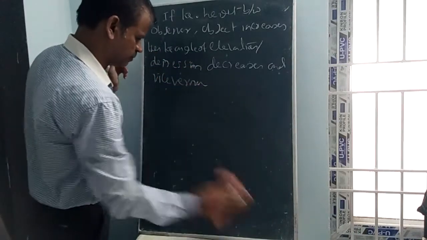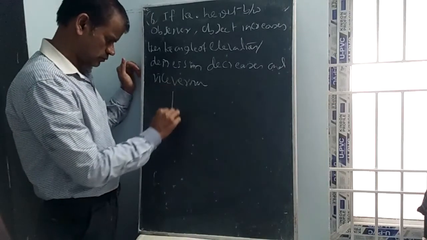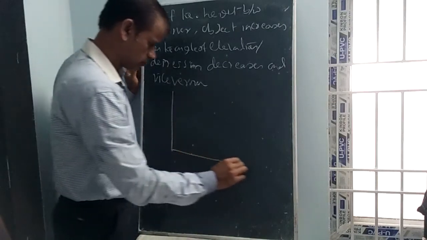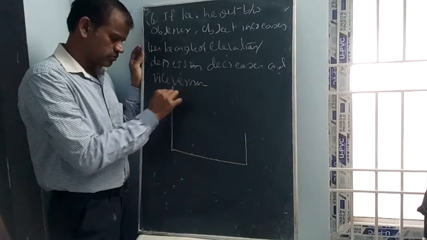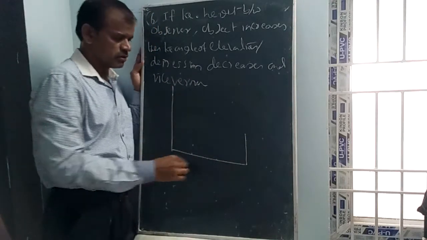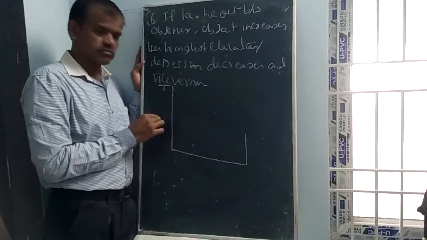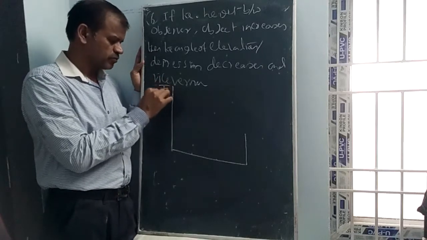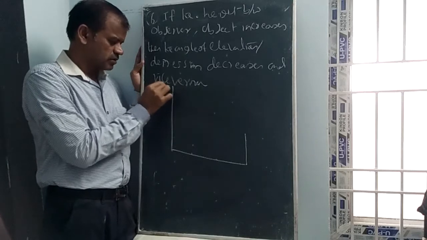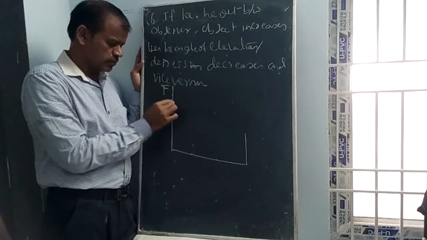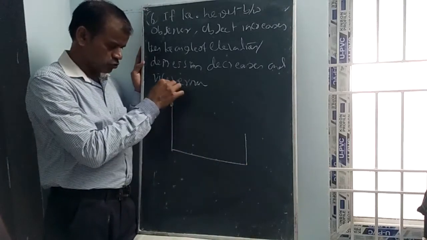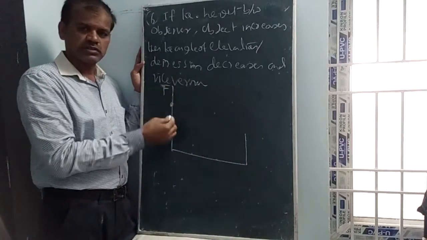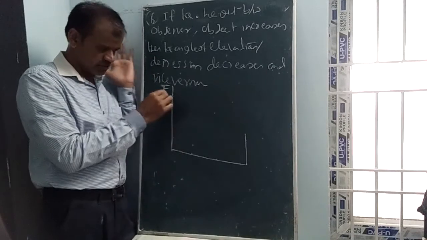Let us see the diagram. We expect a seven-storey building. This is the total height. A flag post is there, on the height of some tower. This is the ground. This is the total height.